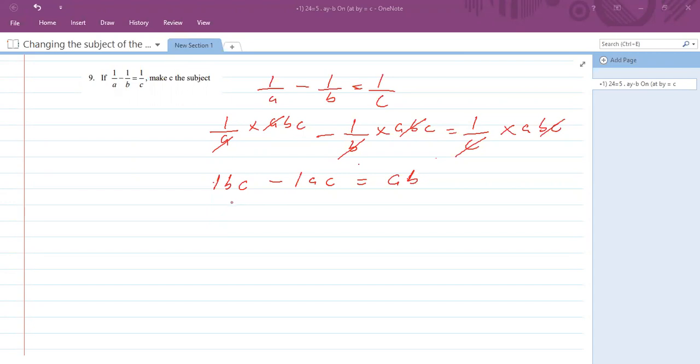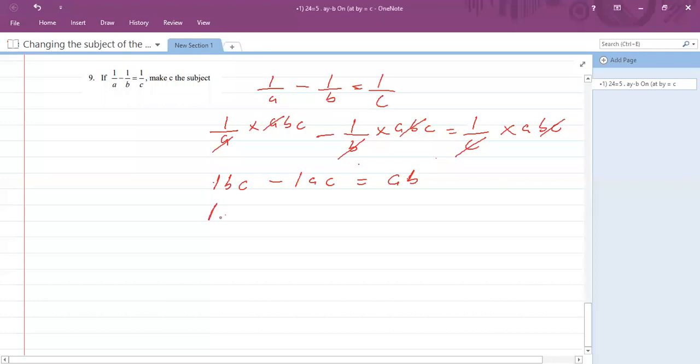What is my common factor? 1 C. Or you can say 1 C if you wish, right? Bracket, you're left with B minus A, equal to AB. Then 1 C is the same thing as C. Remember, 1 C is the same thing as C, right?